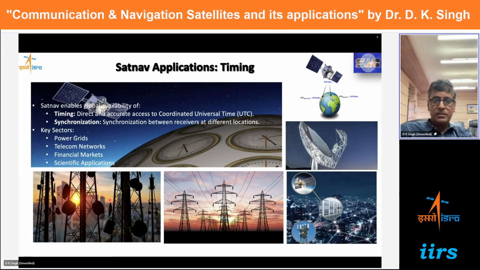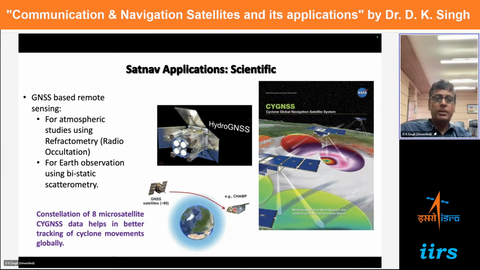Now timing, I was just telling that the telecom networks do their synchronization based on the GPS signal. The power grids do their synchronization based on these networks. Then there are scientific applications of timing where you are trying to do astronomical event time tagging across the globe. You are observing from two widely separated points on the globe, and you want to know whether they happened at the same time or at different times. So you need very precise time synchronization among them.